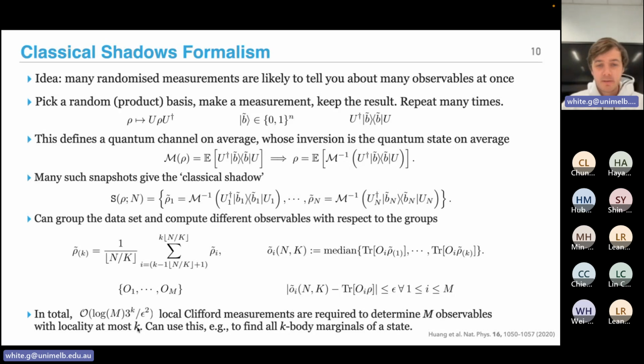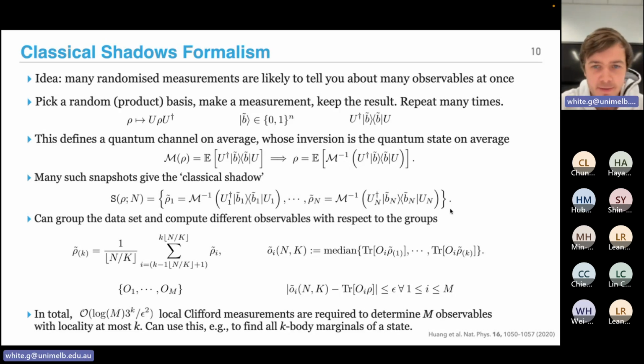What this means is that if I'm interested in observables that contain at most k traceless Pauli terms, then apart from this exponential overhead due to that weight, I can determine linearly many observables with only logarithmically many measurements.